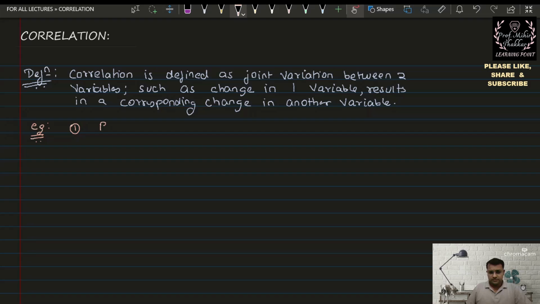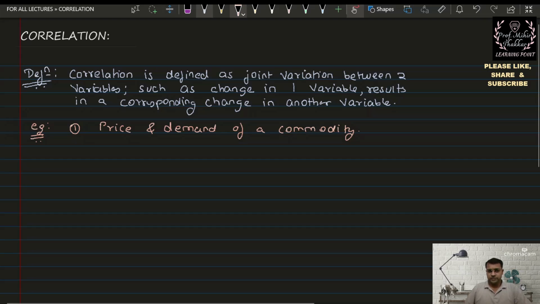Number one, price and demand of a commodity. Suppose if I consider that price is variable x and demand is variable y, then if the price of a certain commodity increases, then definitely the demand is going to decrease, because price and demand, they both are inversely related, that you have studied in your economics.